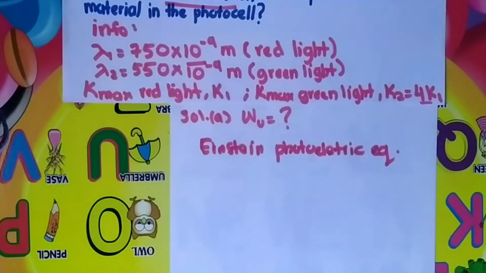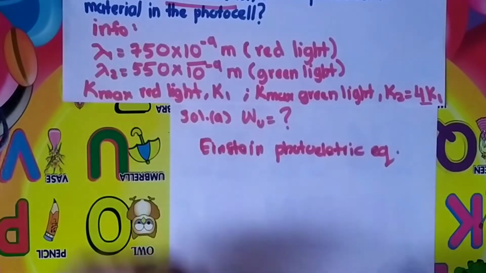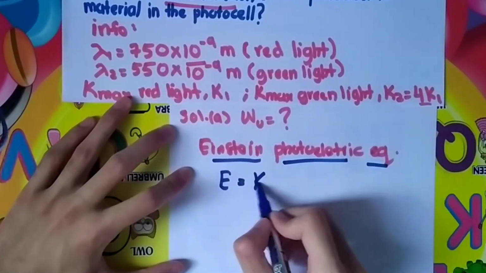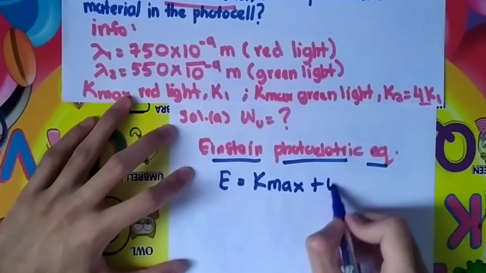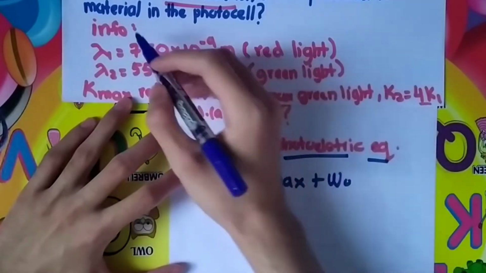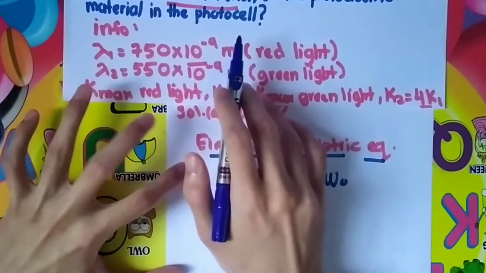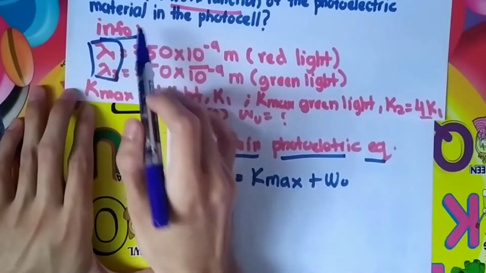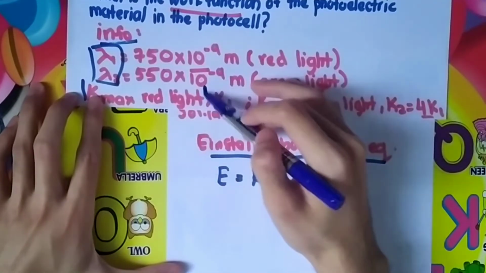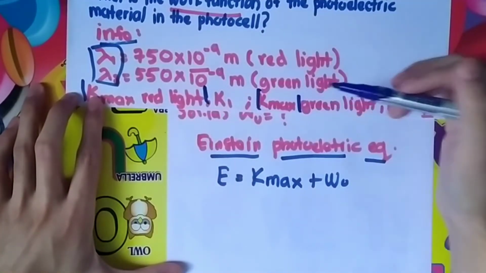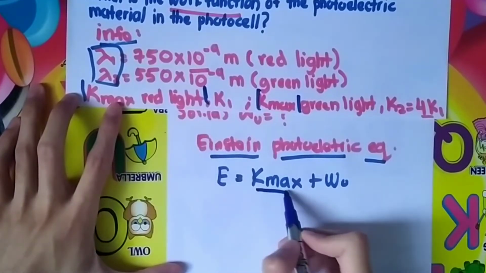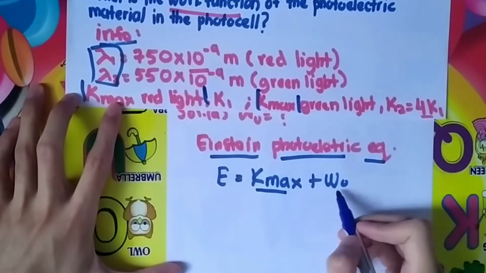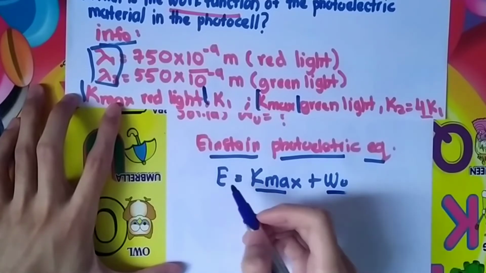I use blue color. The formula for Einstein's photoelectric equation is E equal to Kmax plus W naught. In our information just now, we have lambda and we have Kmax for green light and for red light, so we don't need to change Kmax or W naught.